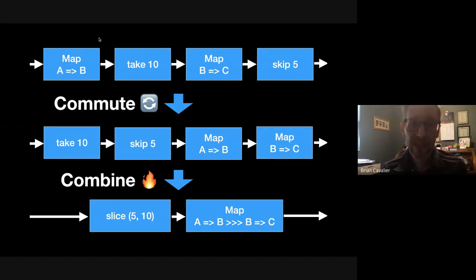And now you end up in a situation where you can apply the optimizations that we've already seen. You can combine all of the takes and skips, and you can combine all of the maps. So you can take this chain, which seemed like it was defying optimization, and actually optimize it by doing commutation on parts of the graph.